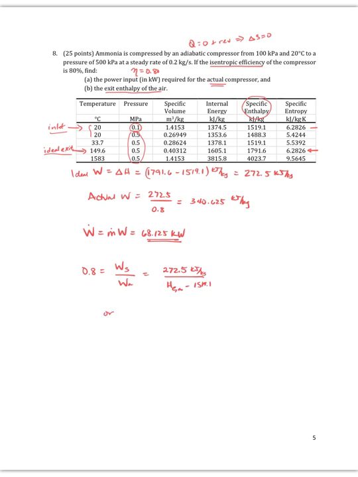You can do this, or you can just simply recognize that W actual is the actual exit minus the inlet. In either case, when you plug numbers in, you're going to end up with 1519.1 plus the actual work, 340.625, getting me the answer 1859.7 kilojoules per kilogram.